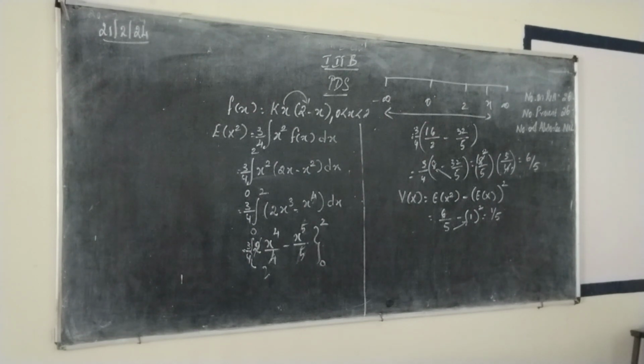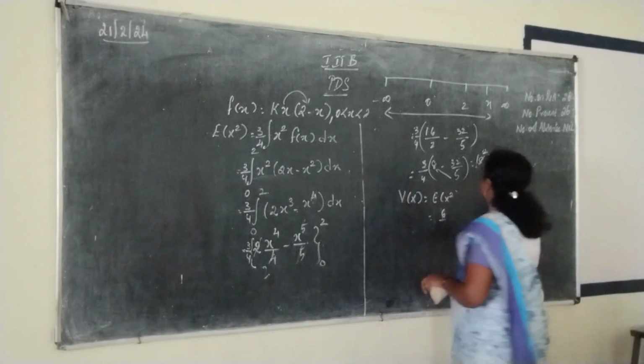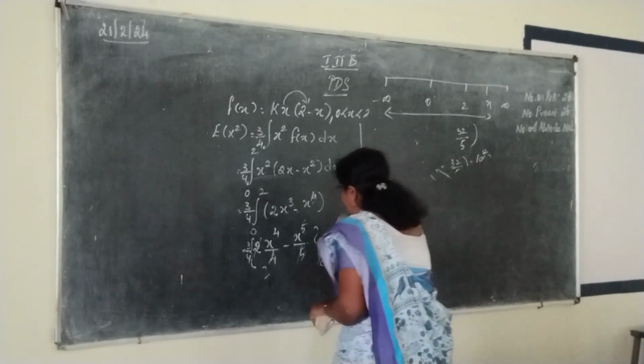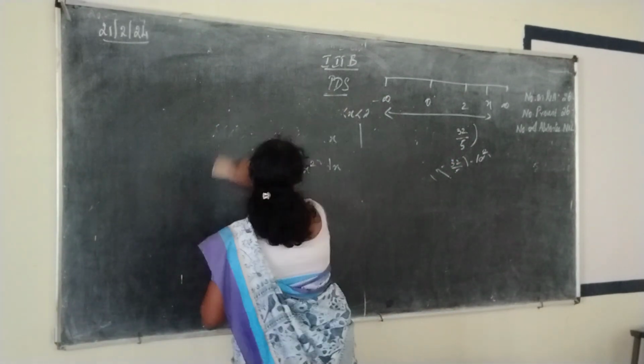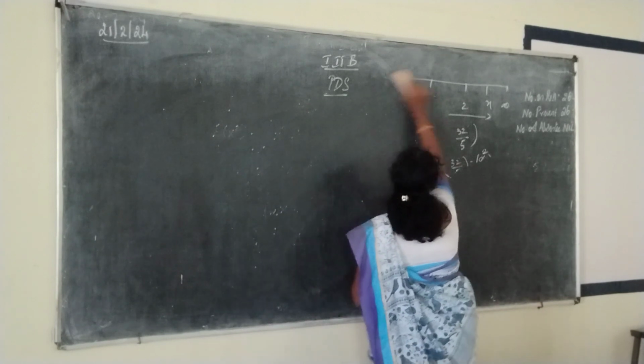So take our next title: moment generating function. In short, it is written as MGF.